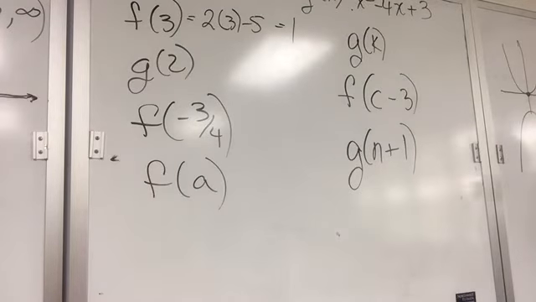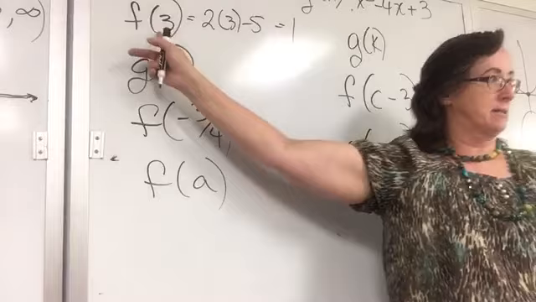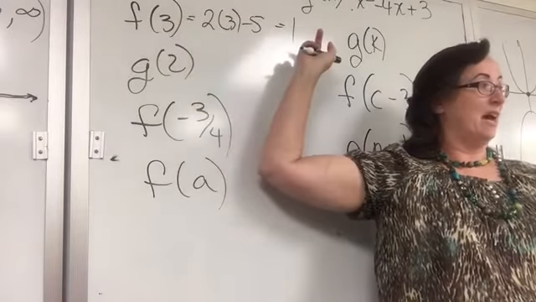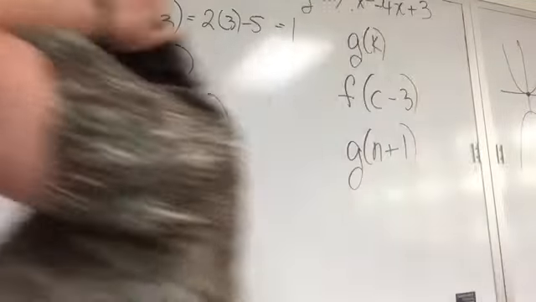Everybody do the other 6. I want to see how many of you can get these correct. Oh, so it isn't like you're solving for it, so 3 isn't the answer to the first one. No, 3 is the input. That's what I was confused about. You're coming out with the output. Okay, cool.